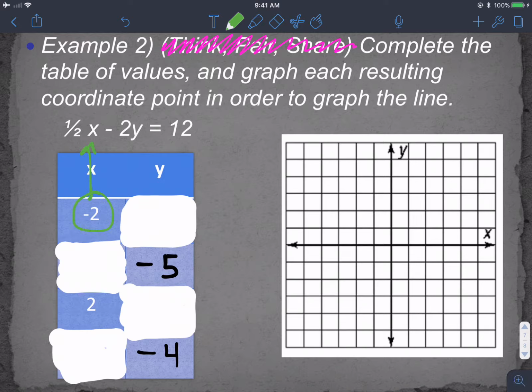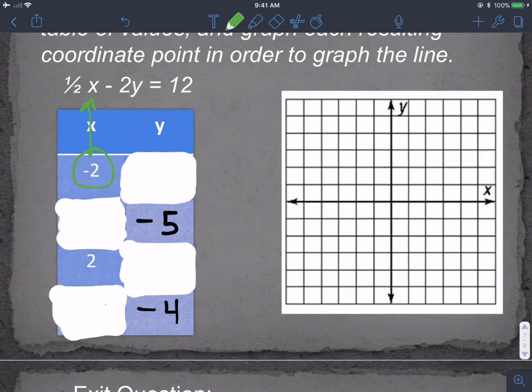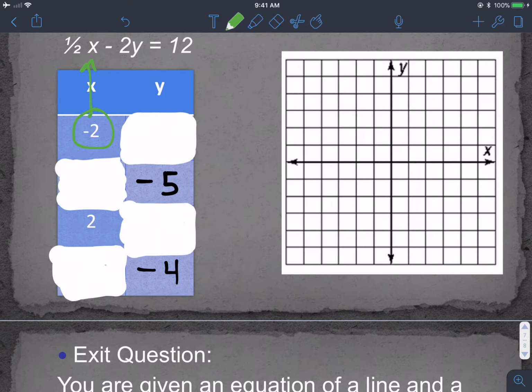Okay, so the first one would be here, right? Plug it in for x. Let's try and find some space. Now I have to do 1/2 times negative 2, which is the same as negative 2 over 2. I'm doing some math in my head.